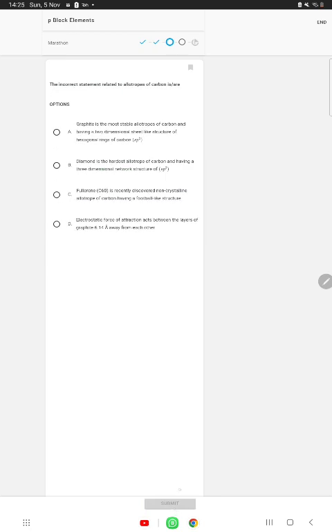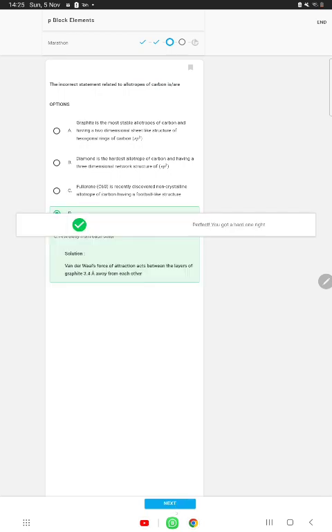Incorrect statement related to allotropes of carbon: carbon is the most stable allotrope, having a two-dimensional sheet-like structure, hexagonal rings. No. The electrostatic force of attraction acts between the layers of graphite, which are 6.14 angstrom away from each other.